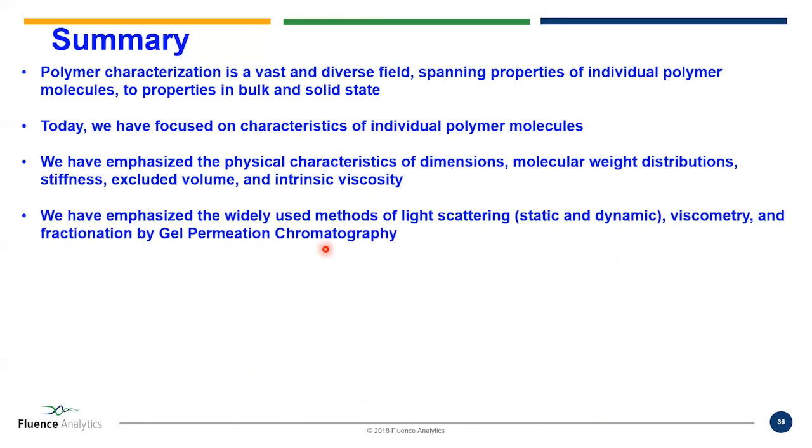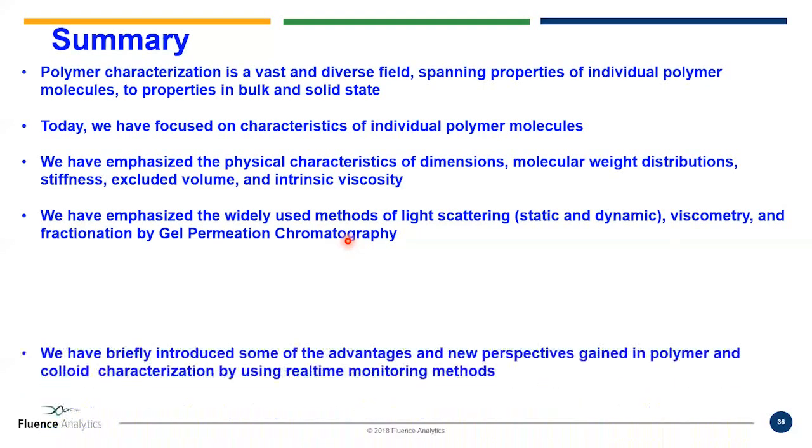And then we emphasized light scattering and viscometry and how when you connect this to gel permeation chromatography for non-reacting systems, non-evolving systems, you get a very complete chromatographic overview of your system.